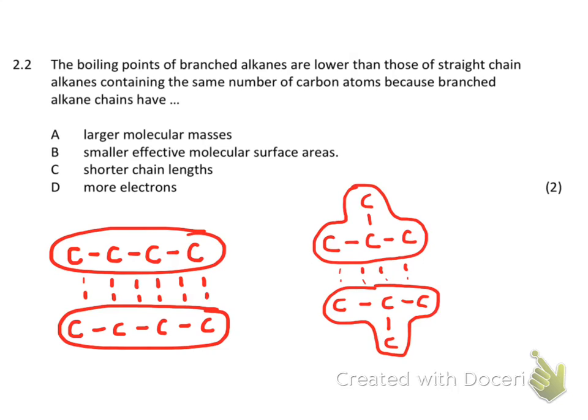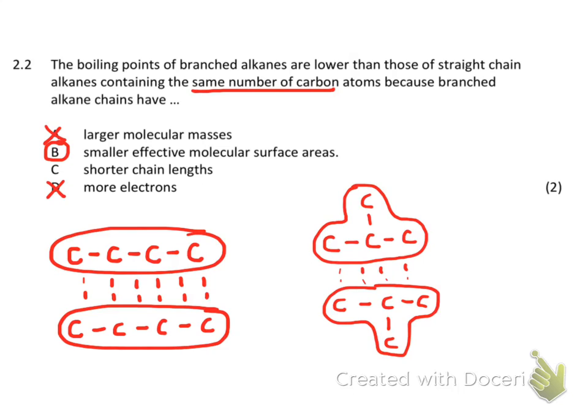So let's look at our options. The question says that these alkanes have the same number of carbon atoms, which means that option A and option D are eliminated, because if they've got the same number of carbon atoms, they'll have the same molecular mass and the same number of electrons. So A and D can't be options.